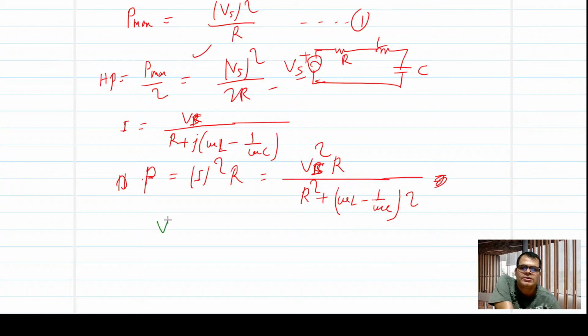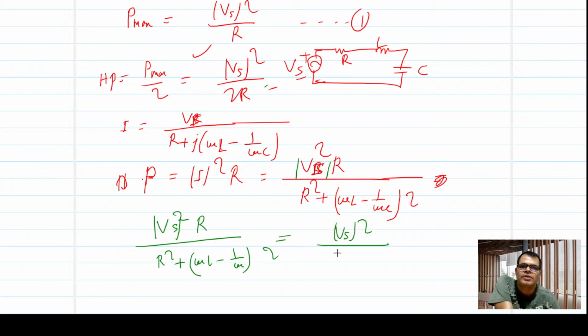Vs magnitude square into R upon R square plus (omega L minus 1 upon omega C) square, which is equal to half of this power, that is Vs magnitude square upon 2R, half power.